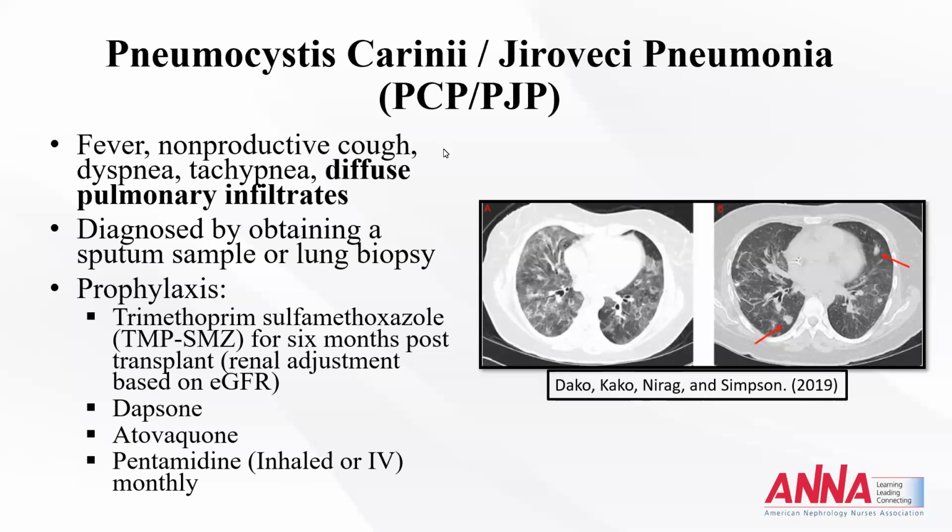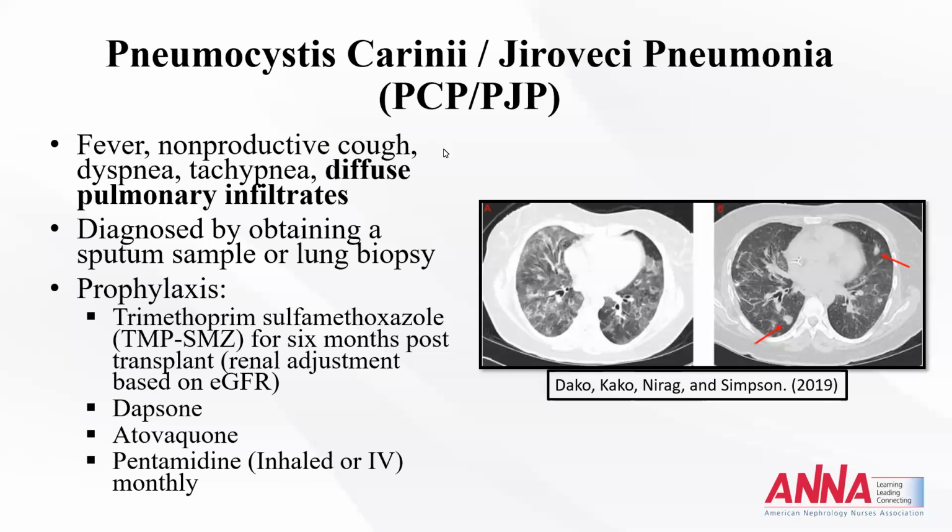It's trimethoprim-sulfamethoxazole, or TMP-SMX. Usually we do it for 6 months post-transplant, and we have to adjust this according to their GFR. At every visit, we're always checking their GFR to make sure our medications are dosed according to kidney function. Those who are many years out from transplant are going to have chronic allograft nephropathy, so you have to dose accordingly to their GFR and not just keep them on the same dose forever.